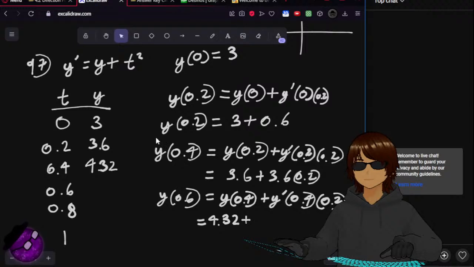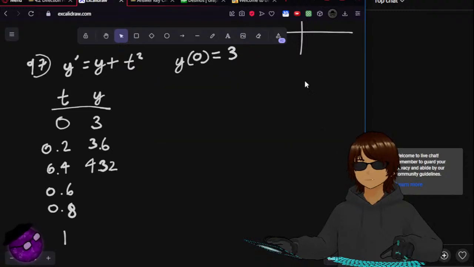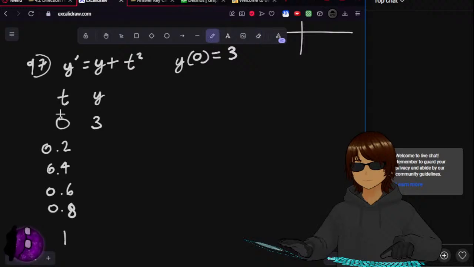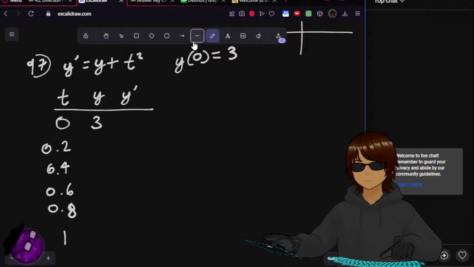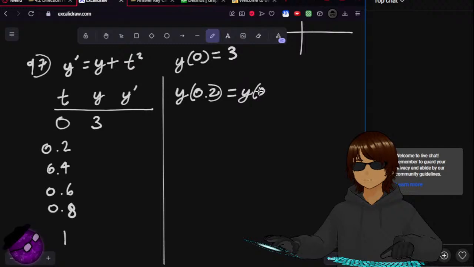Hold on, all of this is wrong. So y at 0.2 is equal to y0 plus the derivative at y0, derivative at 0. Oops, I don't know why I keep doing this. And then 0.2.